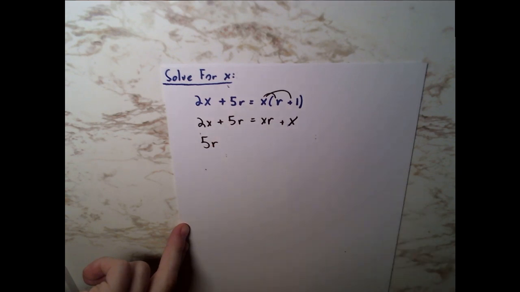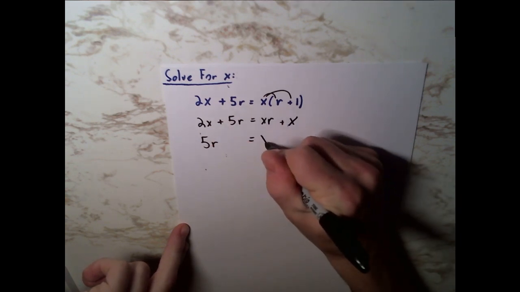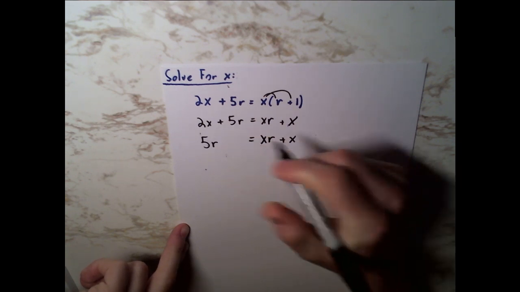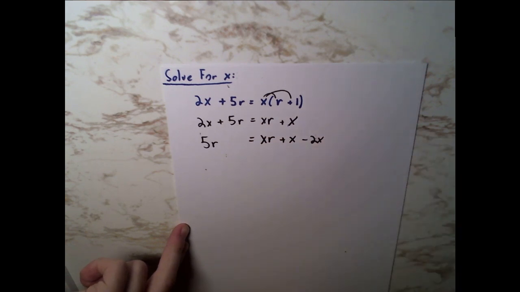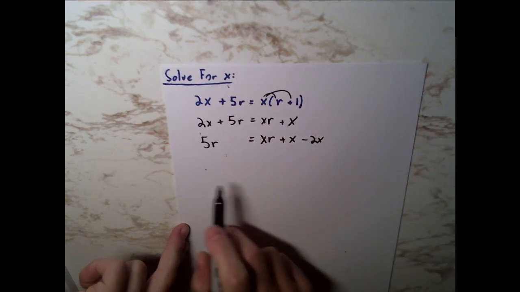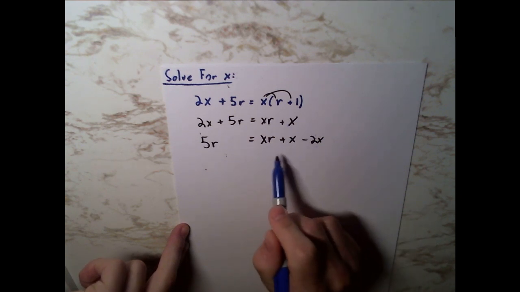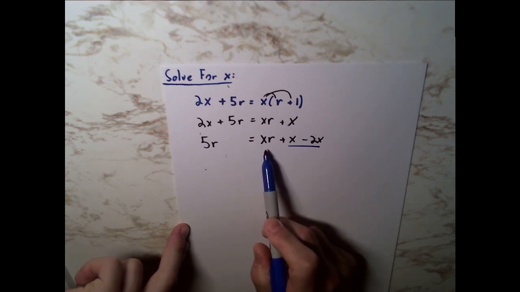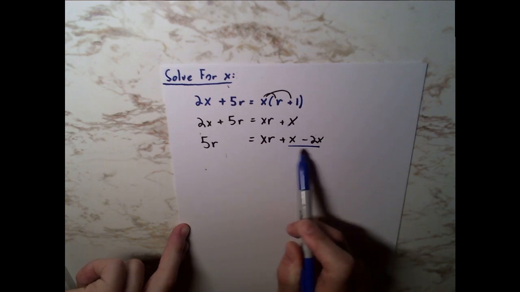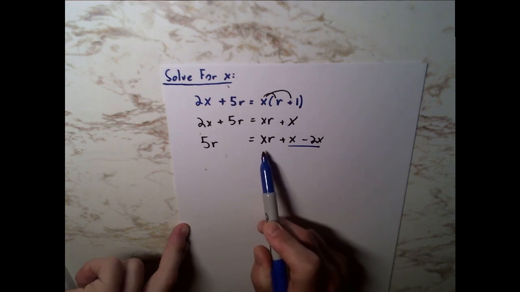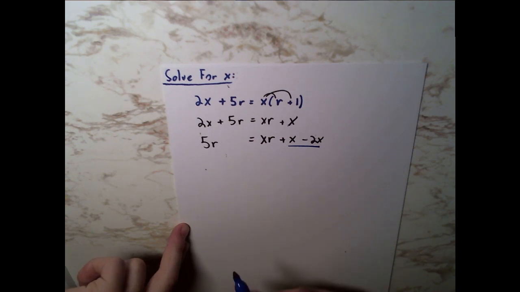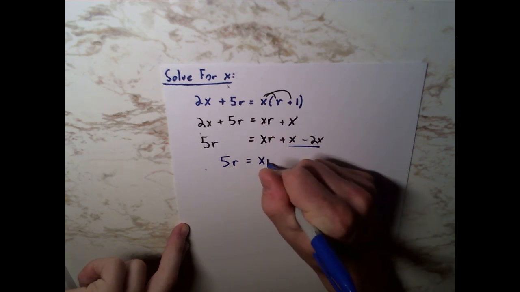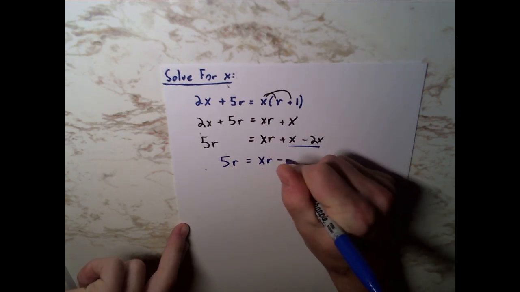So we have 5r equals xr plus x, and then we subtracted our 2x. I'm going to clean this up a little bit, and just combine these two terms here. Now, notice that we have an x times an r. So these two terms can be combined fine, but since we have this x times r, we're going to have to do something special to it. So 5r equals x times r, and then combining these we get minus x.